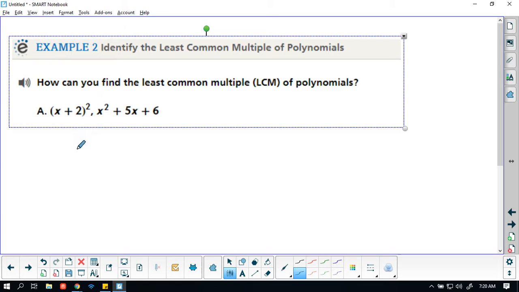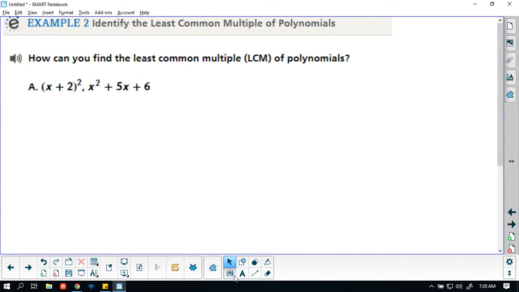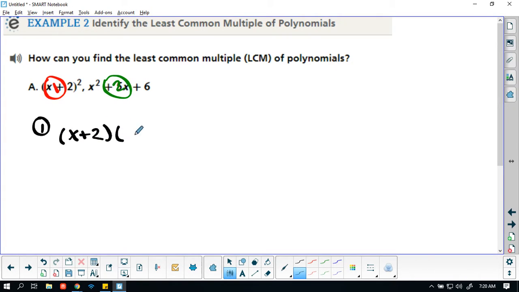So the first thing I'm going to do is we're looking for multiples, so we're going to be looking for factors. I'm going to call this one case 1 and this one case 2. In case 1, we have x plus 2 times x plus 2. I'm going to pull out the factors here.